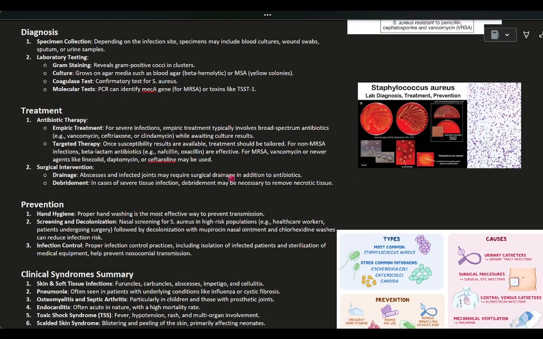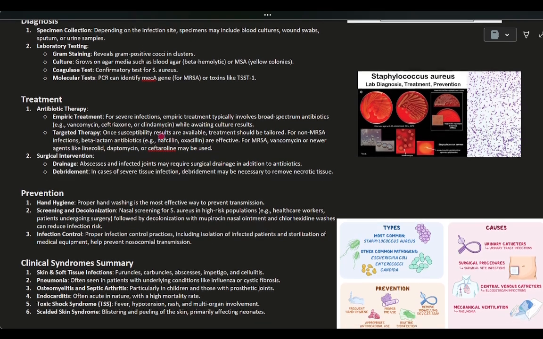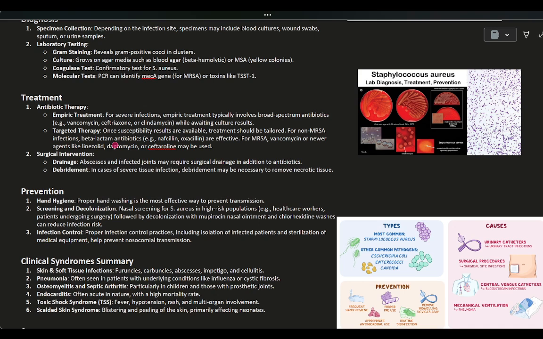After we have confirmed the diagnosis, we have some treatment options. One common form is antibiotic therapy. We can do an empiric treatment where for severe infections, we would use broad-spectrum antibiotics like vancomycin, ceftriaxone, or clindamycin, while we await culture results.